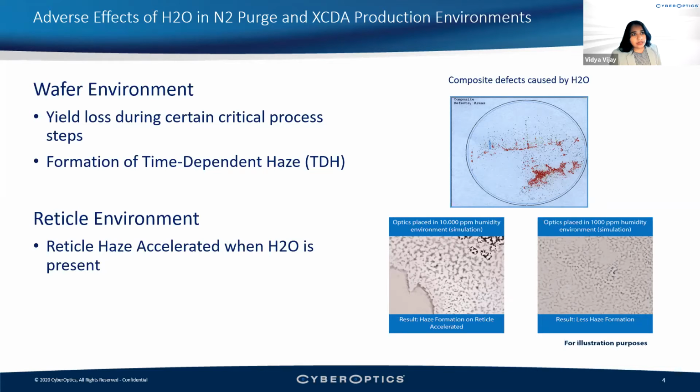XCDA is extreme clean dry air. In these atmospheres, when there is humidity, there are just many issues. The resist characterization can change, your bakeout times can change, or the entire process can become more random and less predictable.